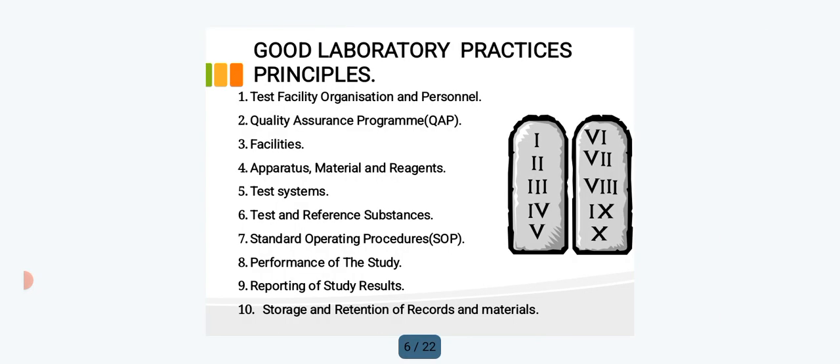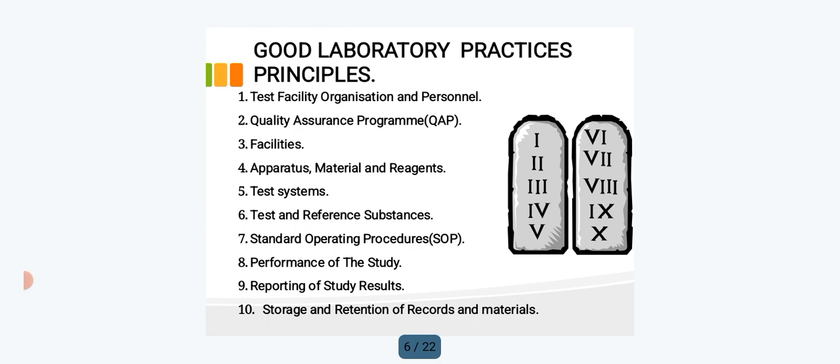Good laboratory practice has 10 main principles. First, the test facility organization and personnel. Second, quality assurance program. Third, facilities. Fourth, apparatus, material and reagents. Fifth, test system. Sixth, test and reference substance.